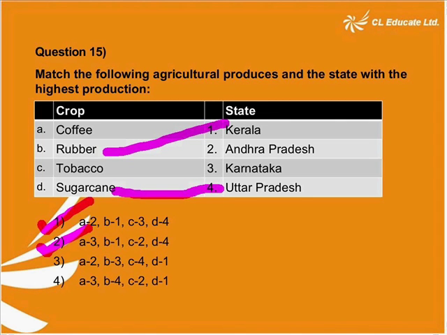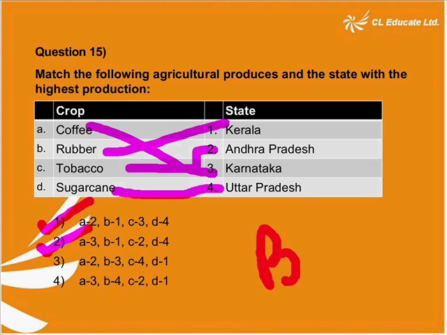The correct answer is Thailand. Remember, it has to be near the equator, where there is high rainfall and high humidity. So in India also, Kerala is the state near the equator with high humidity and high rainfall, which is required for its production. So Thailand is the answer. Then the correct answer for this question is option A.